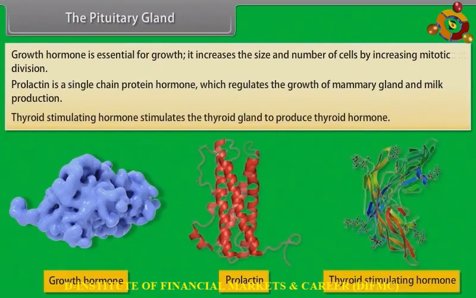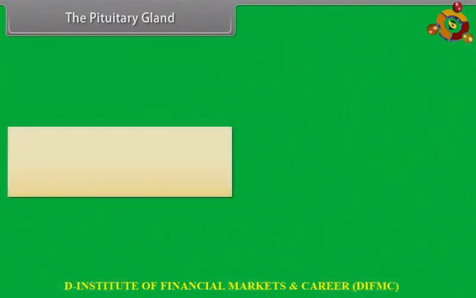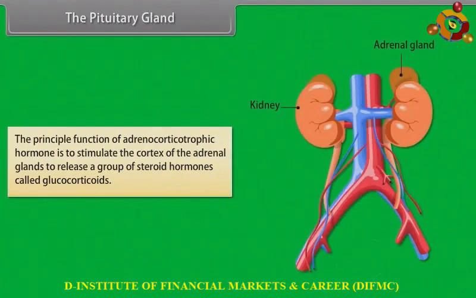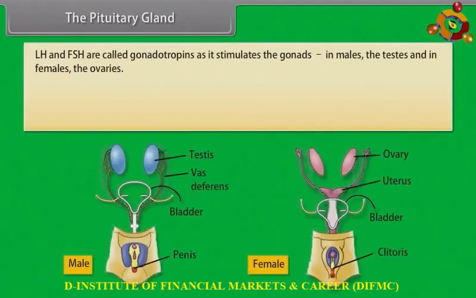Thyroid-stimulating hormone stimulates the thyroid gland to produce thyroid hormone. The principal function of adrenocorticotropic hormone is to stimulate the cortex of the adrenal glands to release a group of steroid hormones called glucocorticoids. LH and FSH are called gonadotropins as it stimulates the gonads, in males the testes and in females the ovaries.